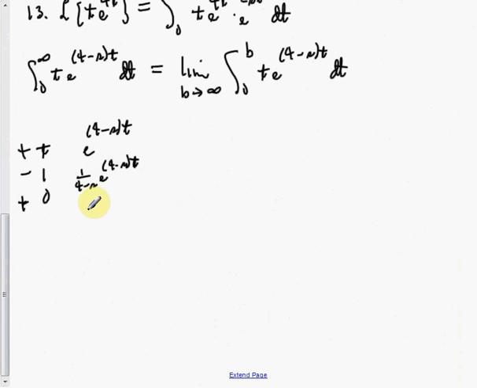And then integrate again, this is 1 over (4 minus s) squared times e to the (4 minus s)t. Let's see, this goes there, that goes there, and then no more 0.